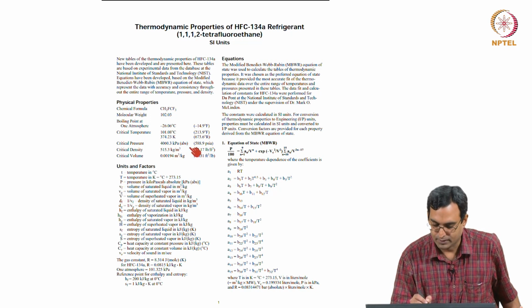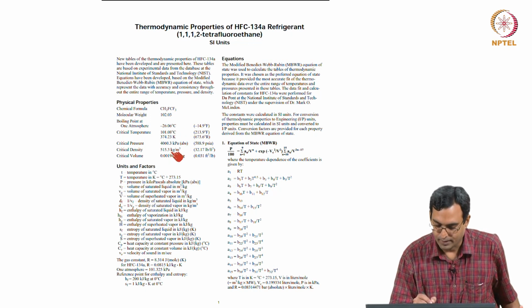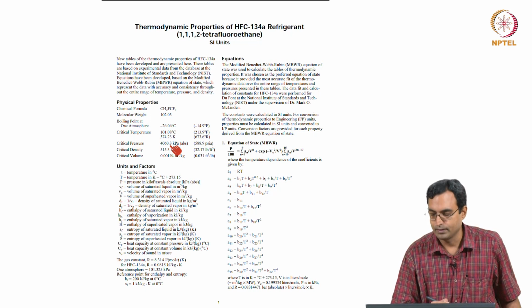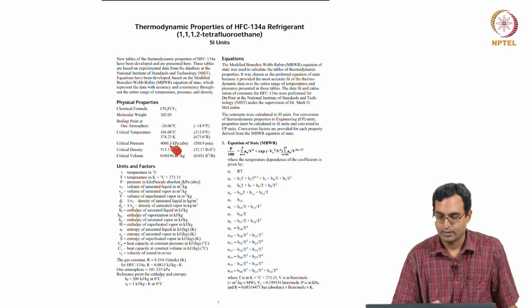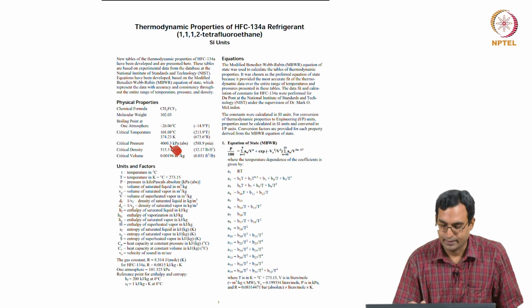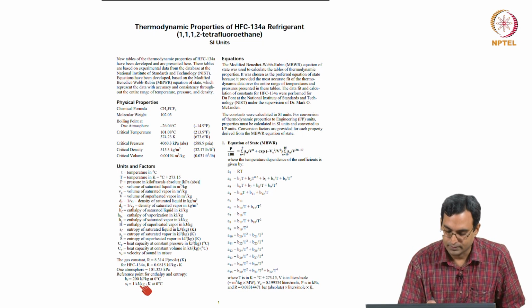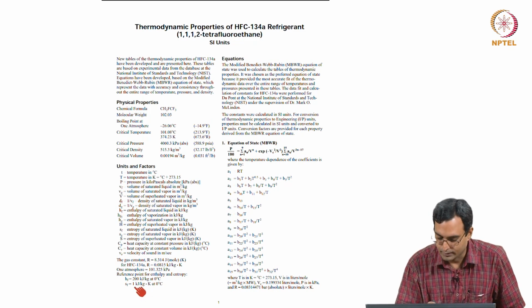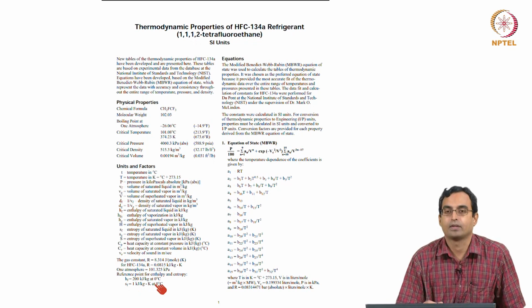So, the critical pressure and temperature are given here, which is 101.08 degrees centigrade and 4000 kilopascal. That should be the same in both the tables, but the reference from which the values are taken are different. Here the reference point is taken as 200 kilojoule per kg at 0 degrees centigrade and 1 kilojoule per kg Kelvin for entropy at 0 degrees centigrade, which are different from those in the other table.